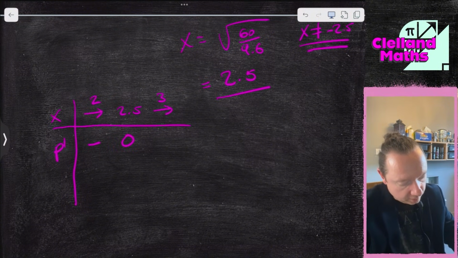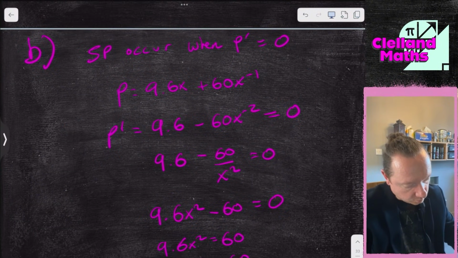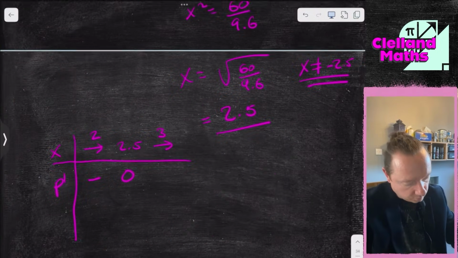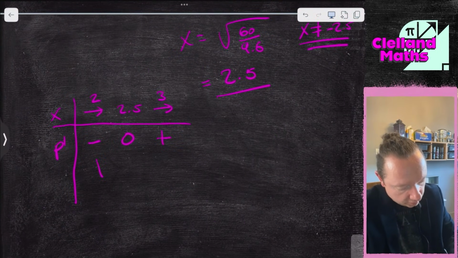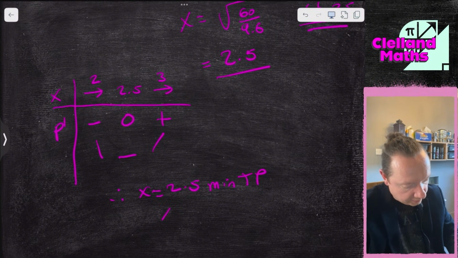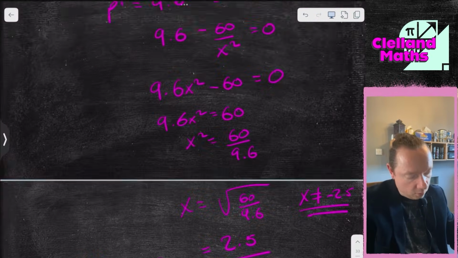And when we sub in 3, you get 9.6 minus 60 over 3 3's is 9, which is a positive number. So that goes down, along and up, and therefore x equals 2.5 as a minimum TP. So x equals 2.5 minimizes the perimeter.